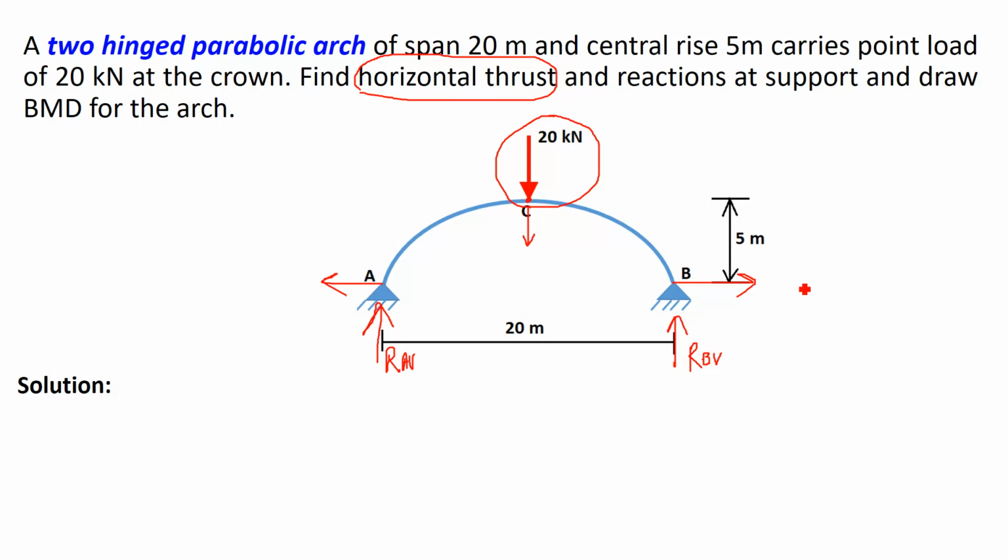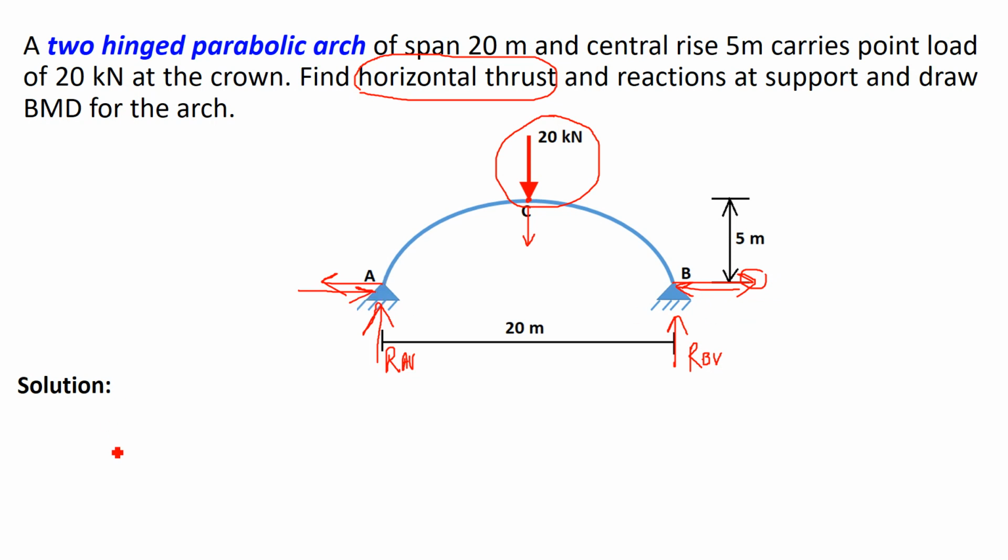To resist this movement, the reaction at A must be towards right, and the reaction at B must be towards left.